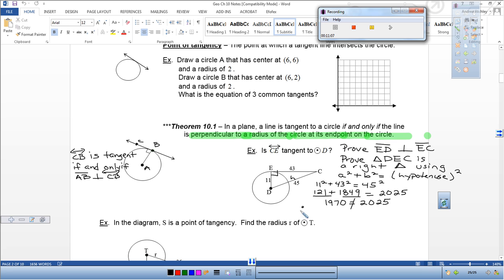Remember, that's when we use our therefore, with a little dot. Therefore, EB is not perpendicular to EC.